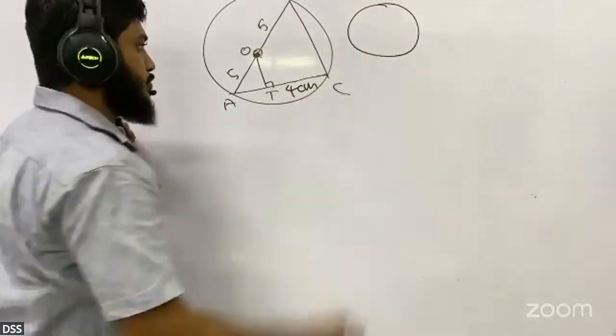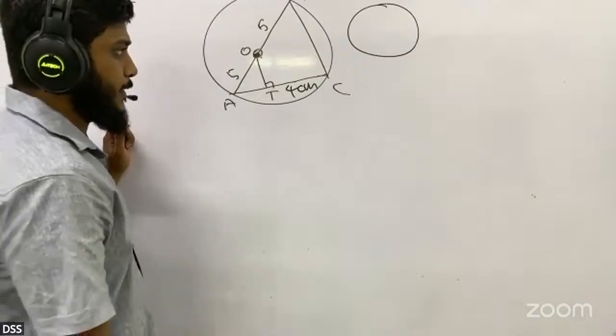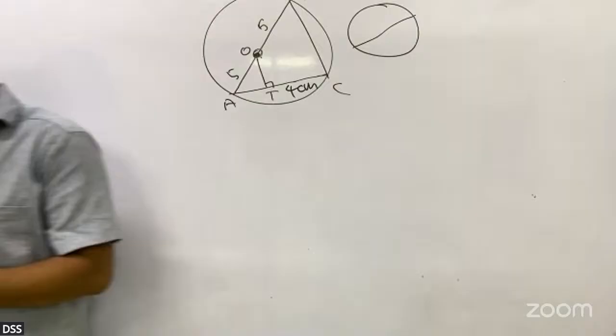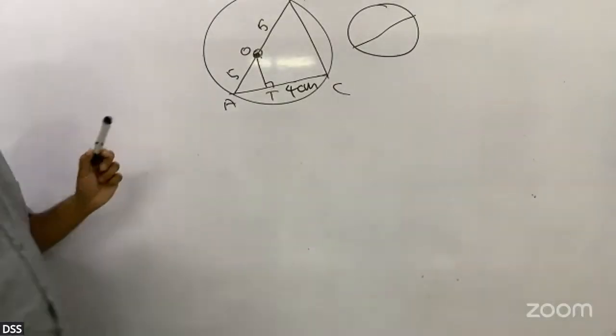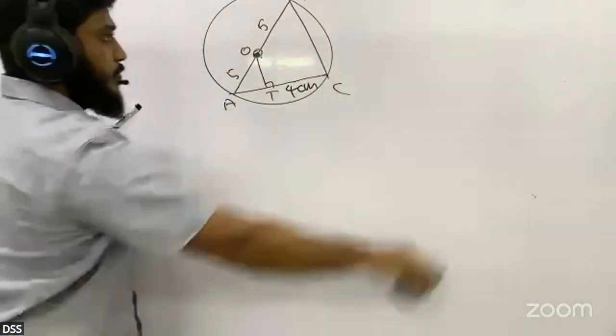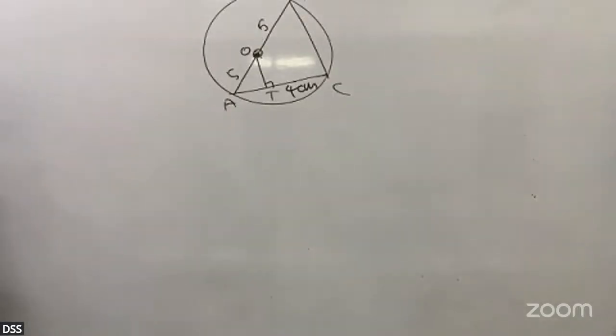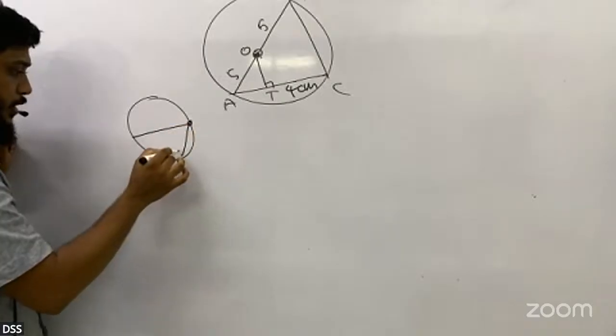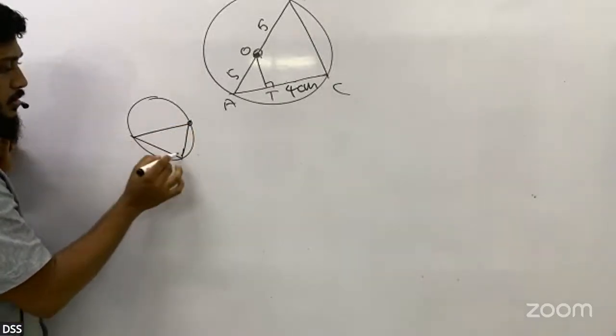Then the other thing is there is a rule like this. If you draw a diameter, and from the ends of the diameter you join to the circumference, it is 90 degrees.